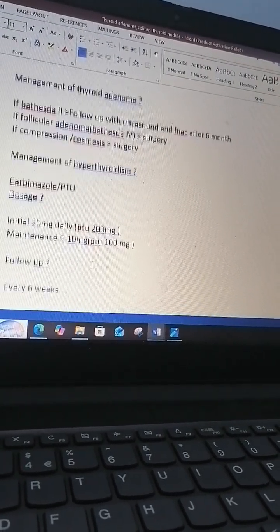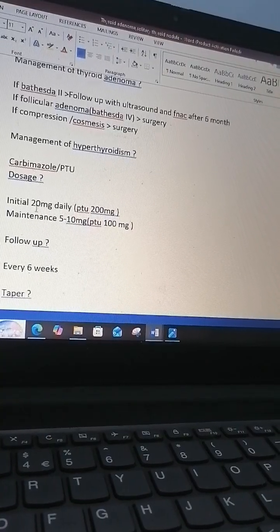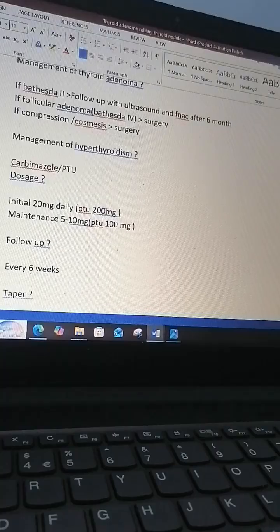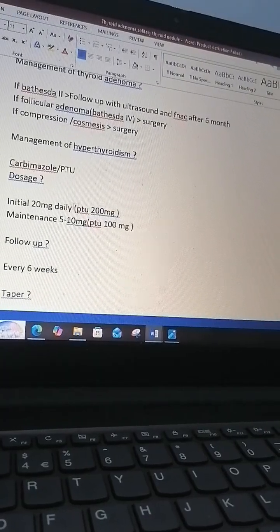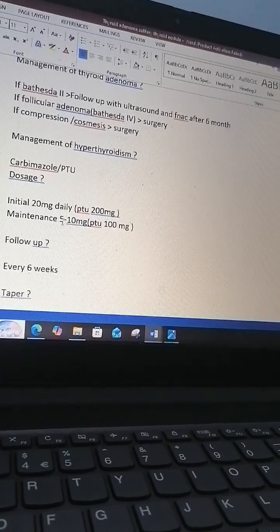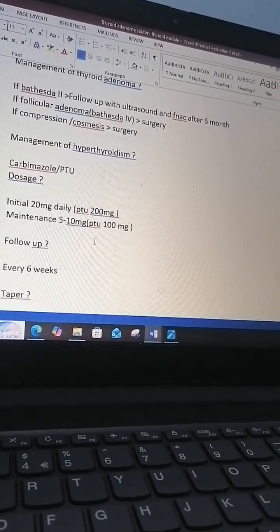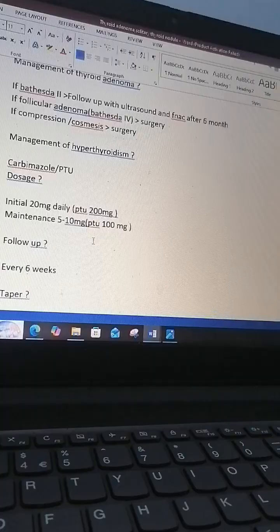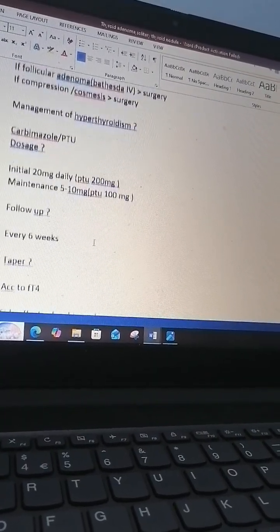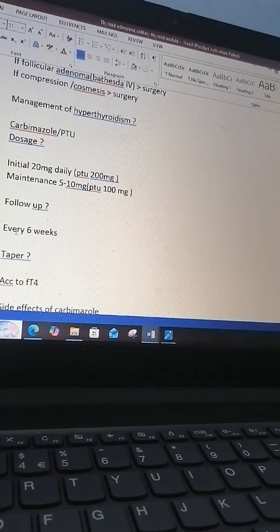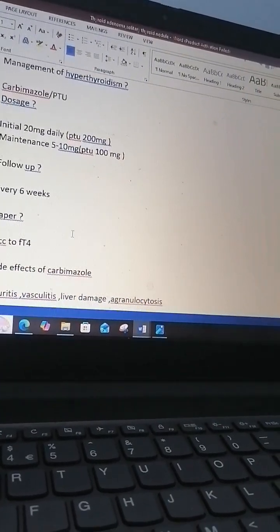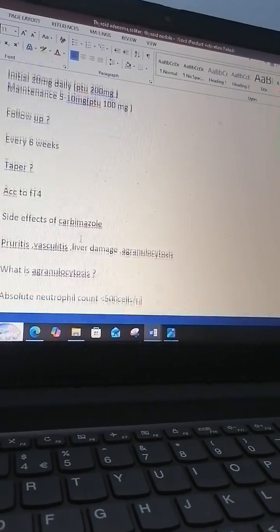The initial dosage of carbimazole is 20 mg daily, and propylthiouracil is 200 mg daily. The maintenance dosage of carbimazole is 5 to 10 milligram, and the maintenance dosage of propylthiouracil is 100 milligram. We will do follow up every 4 to 6 weeks, and then taper according to FT4.